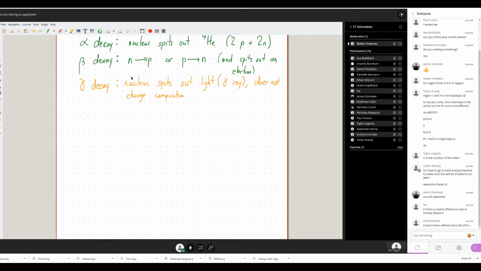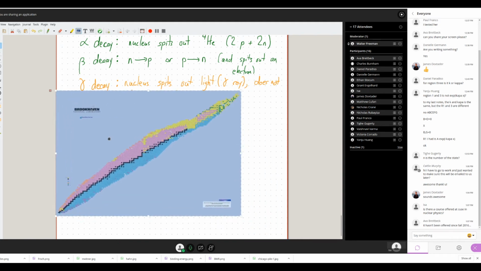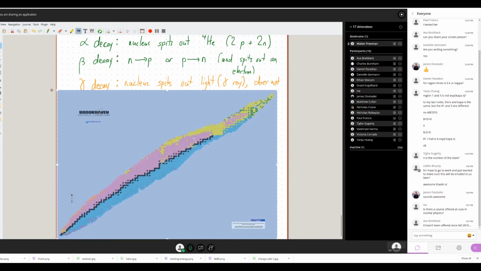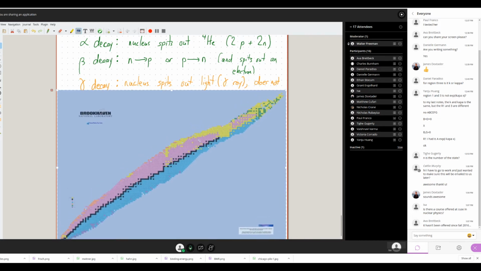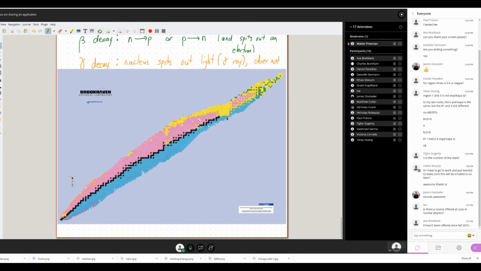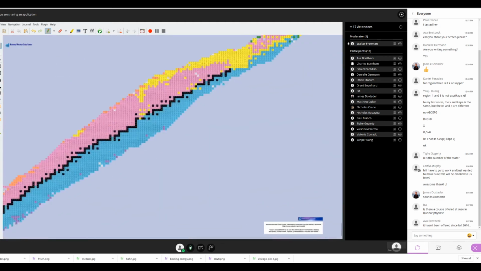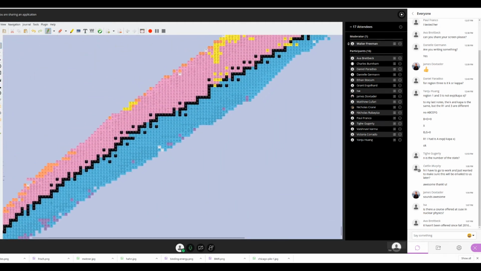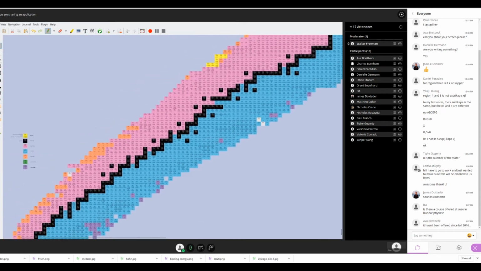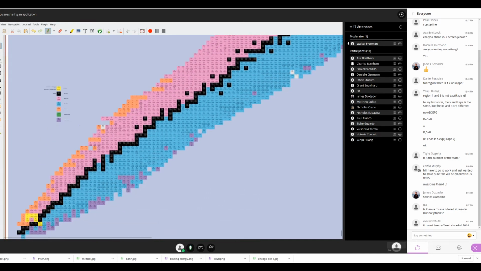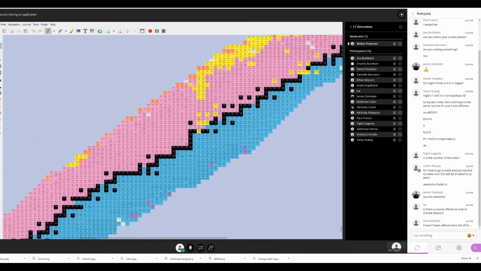This is a super famous chart. This is the periodic table not of chemical elements, but of isotopes. If I zoom in on this, it's kind of hard to see. There are lots and lots of entries.